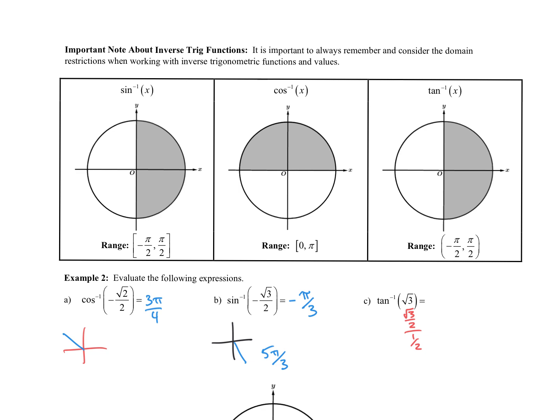I like to unsimplify it. And so when is tangent square root 3 over 2 over 1/2? At pi over 3. And so it would actually happen right there. Why can't we say 4 pi over 3? Because it wouldn't pass the vertical line test. It has to be between negative pi over 2 and pi over 2.